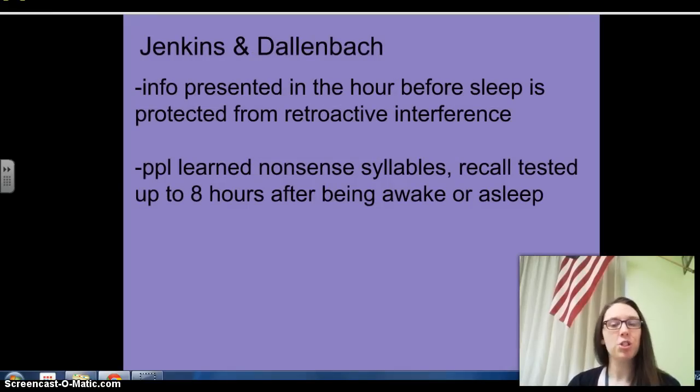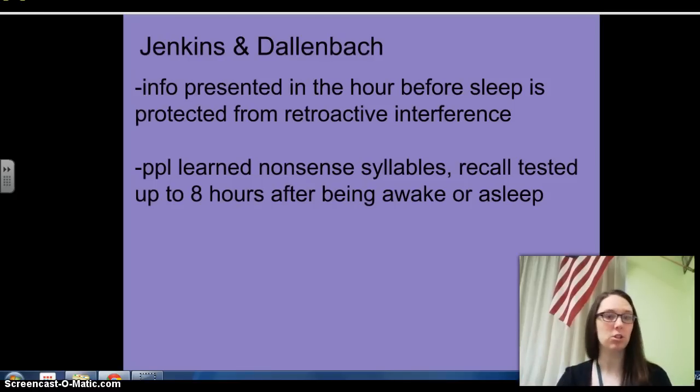Now, two researchers have done a study on the different types of interference. Jenkins and Dallenbach actually found that the information that you present in the hour before sleep doesn't tend to be interfered with, or at least it's protected from retroactive interference. And so what they did was they had people learn nonsense syllables, and then they tested their recall up to 8 hours after either being awake or asleep.